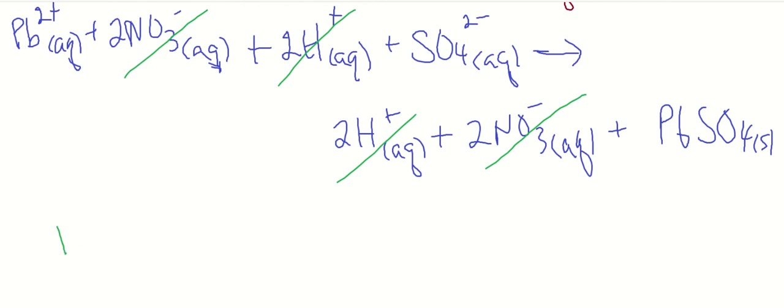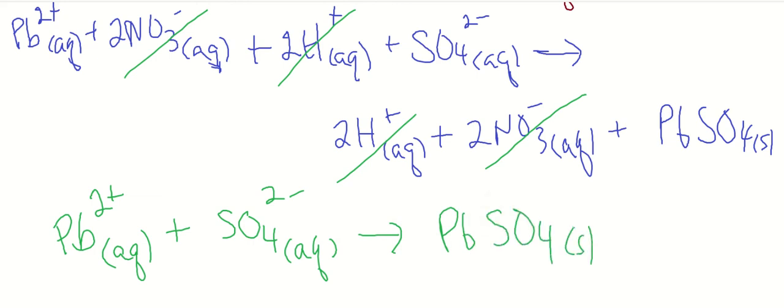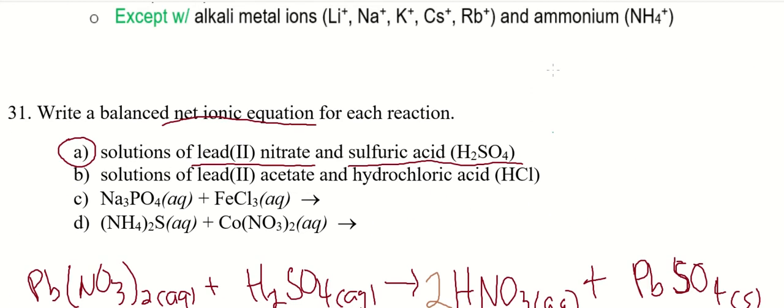That's going to give us your lead 2 positive ions reacting with your sulfate ions, and that's going to give us lead 2 sulfate. All right, so there's your net ionic equation. Charges and mass conserved or balanced. All right, so that's A.